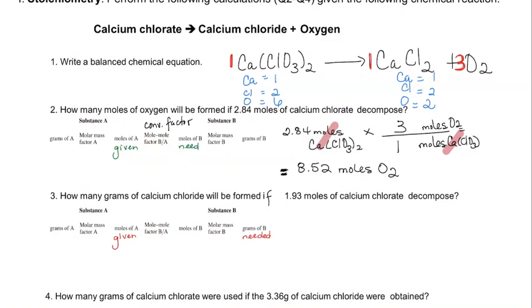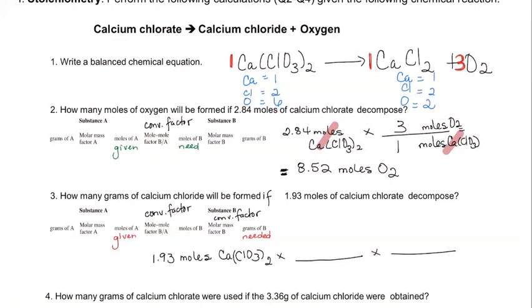For this one, we need to use two different conversion factors. So let's write what is given to us, 1.93 moles of calcium chlorate. I know I need two conversion factors.